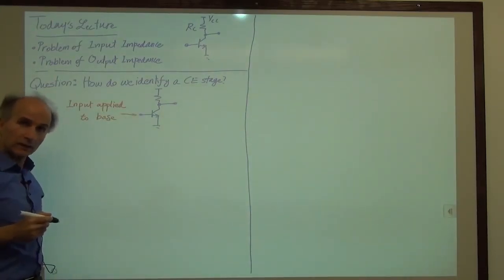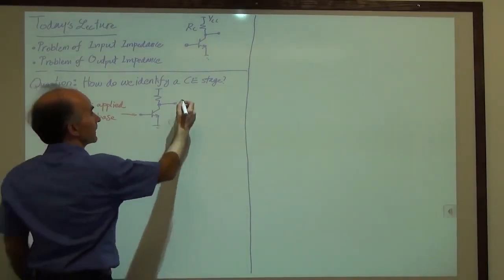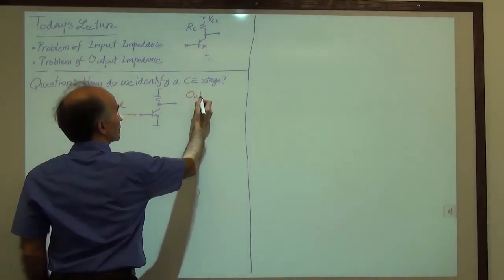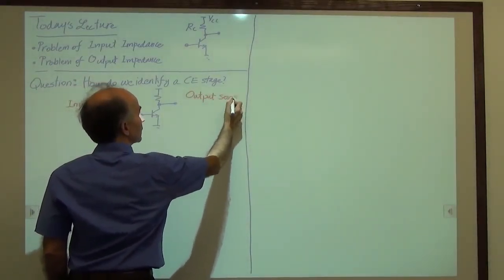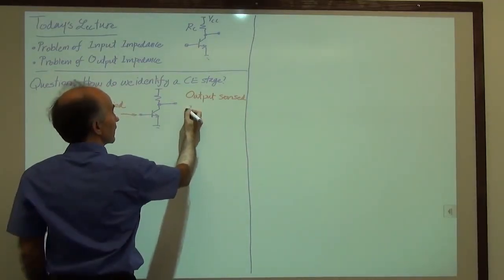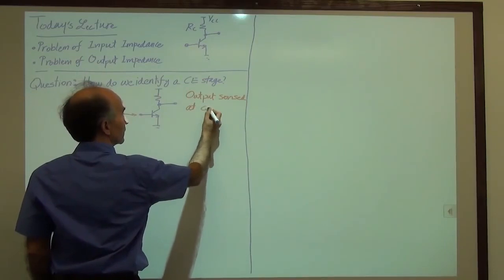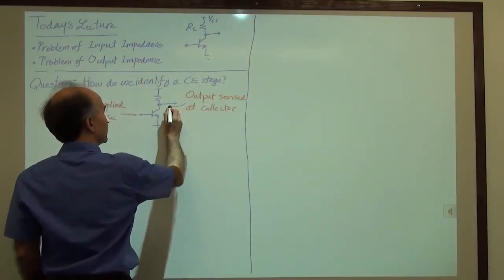That's one part of the definition. And the second part of the definition is output sensed or taken from the collector. And that's right here.